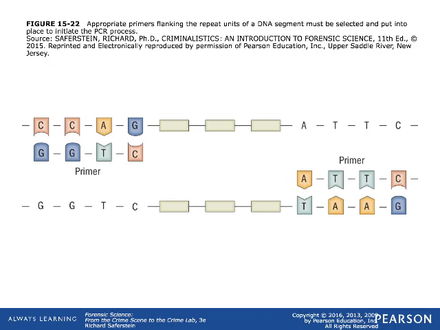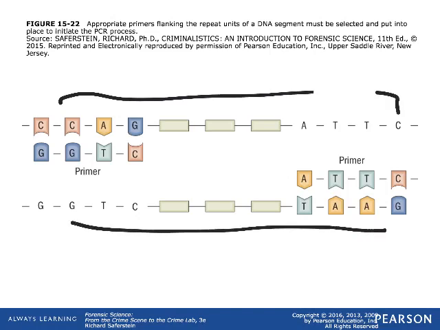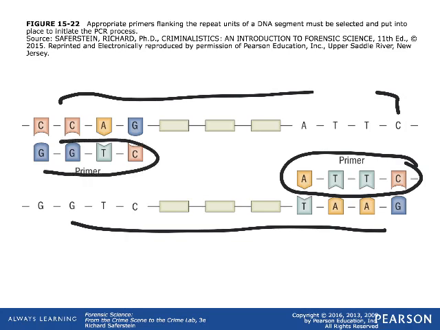Okay, I don't necessarily like this book, but look at the book's picture, it has target DNA. Okay, and then it has primers. So the primers are going to be complementary to the target DNA.